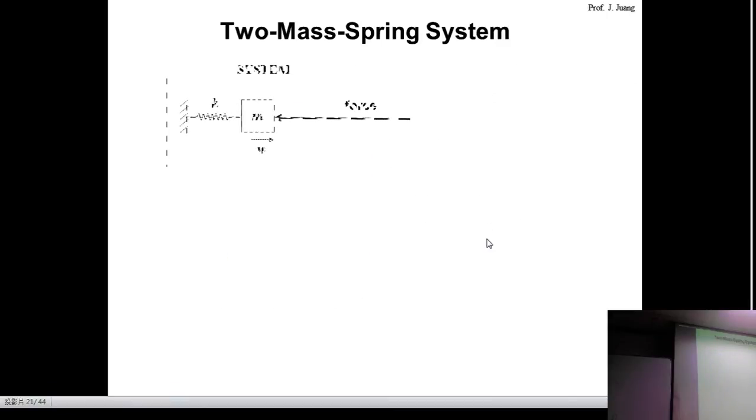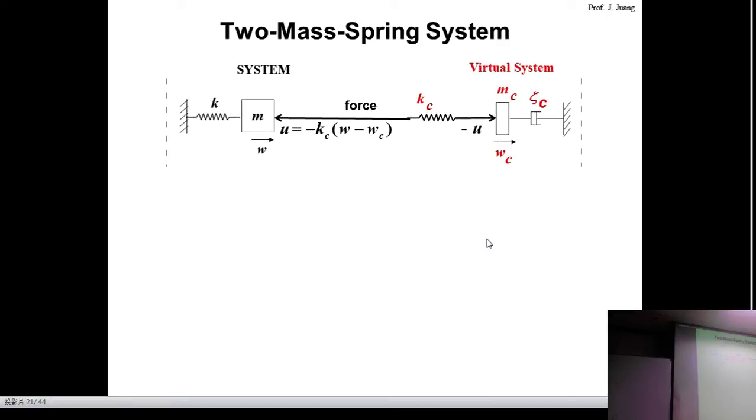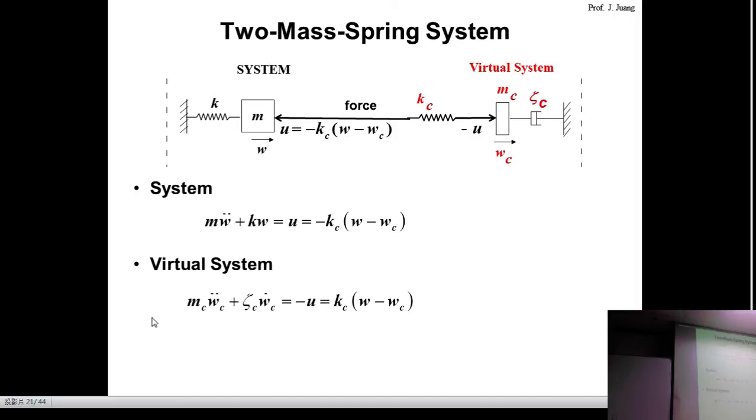If I do that, then what do I do? So this is the system, and this is the virtual system computed by the computer. That's what I call the virtual system.